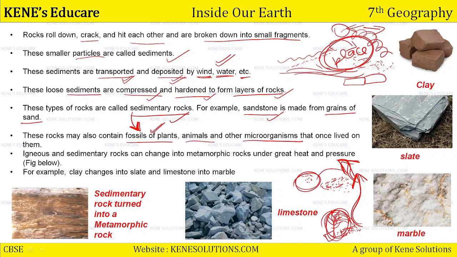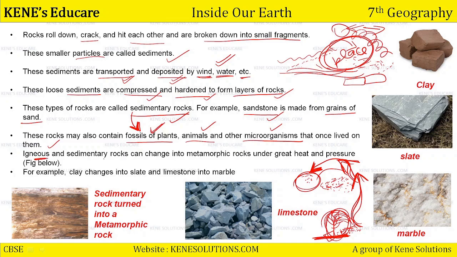That is why sedimentary rocks have fossils of plants, animals, and even microorganisms that once lived on them. ठीक है? हर चीज sand के ऊपर गिरती है ना, and the sand is the elements, the fragments, the particles of the sand are carried away, transported and deposited to some other place. और यही sediments sedimentary rock बनाते हैं. That is why sedimentary rocks have fossils of plants, animals, and microorganisms.